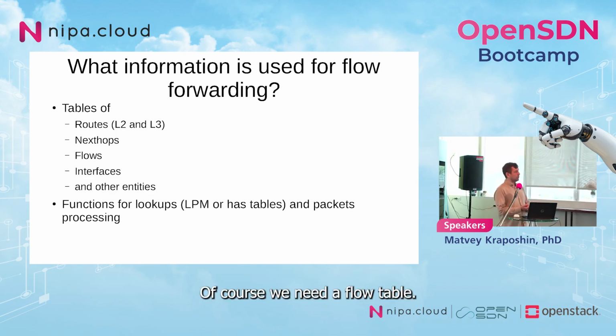Of course, we need a flow table, and we need interfaces table, because interfaces ID are used as one of value of flow key. And we need functions to look up in flows.